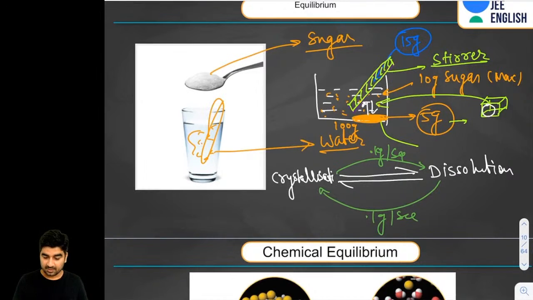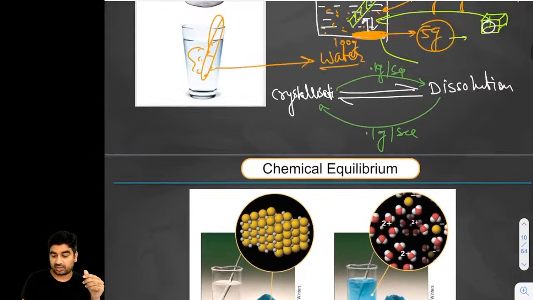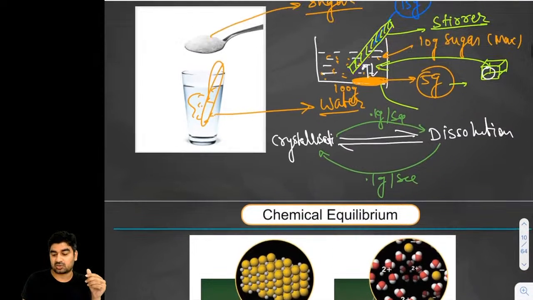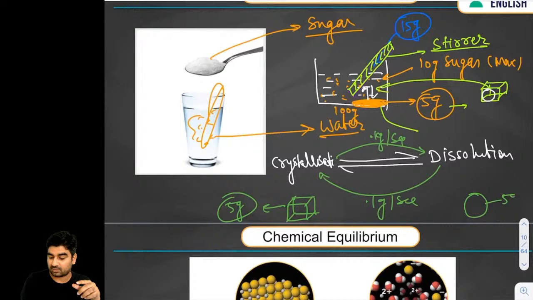Okay. So guys, let me take one more example. This particular example shows that if I take a cube and add it to the saturated sugar solution, after some time I will get a sphere. The mass of the cube was 5 gram and the mass of the sphere will also be 5 gram.